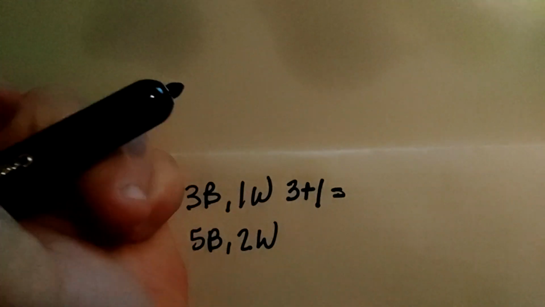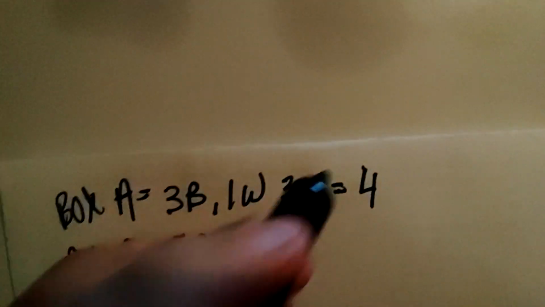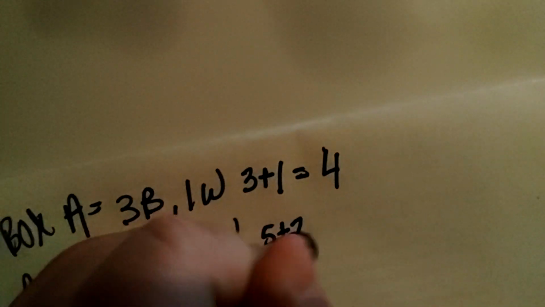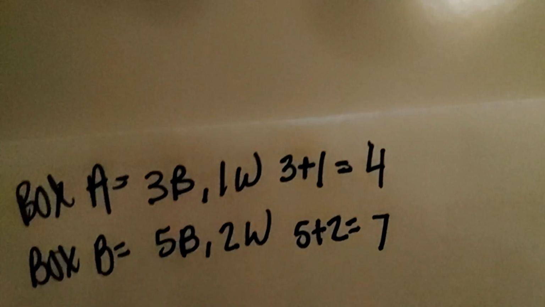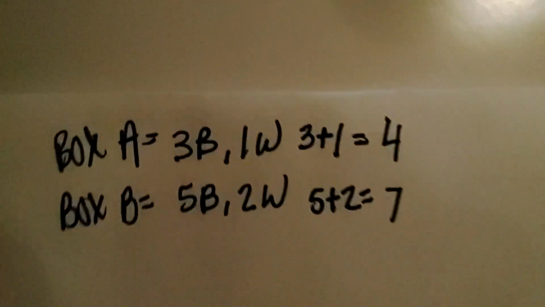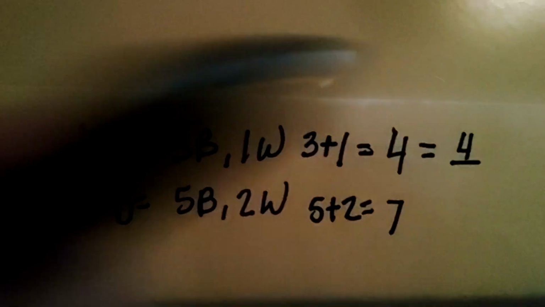3 plus 1 equals 4, correct. 5 plus 2 equals 7. Good job. Let's turn these into fractions or probabilities. 4 goes on top.